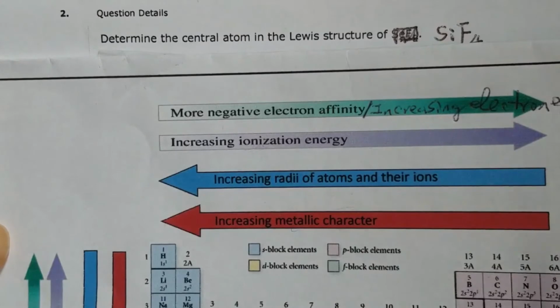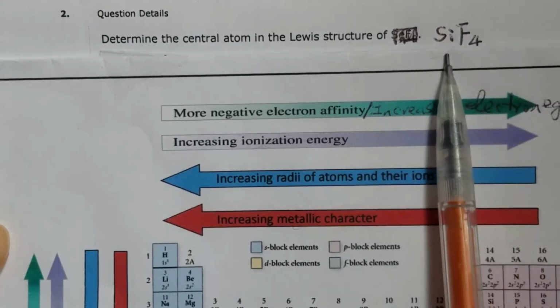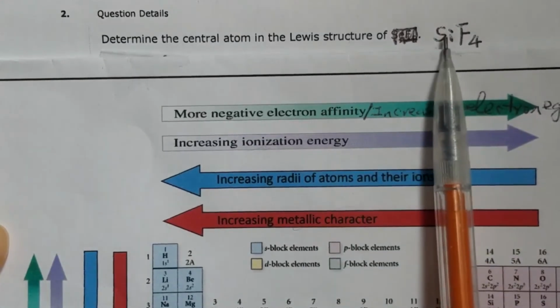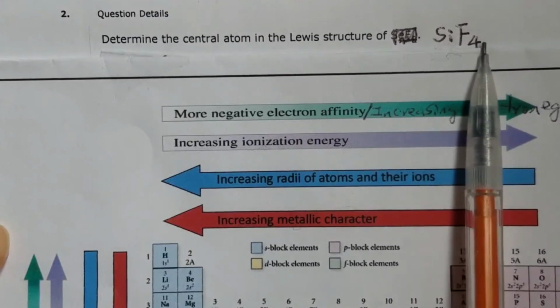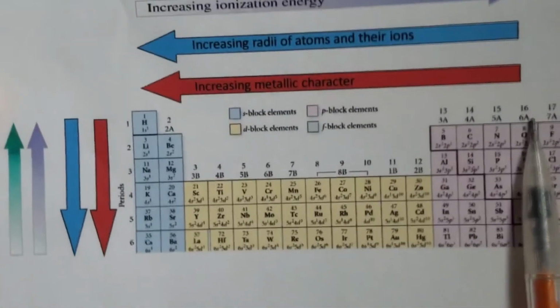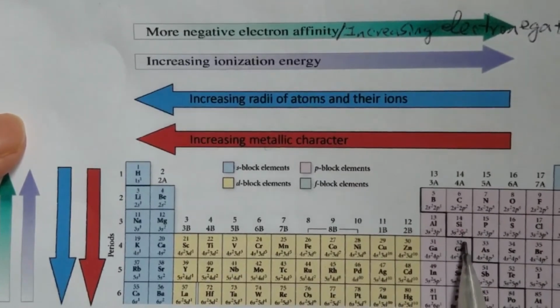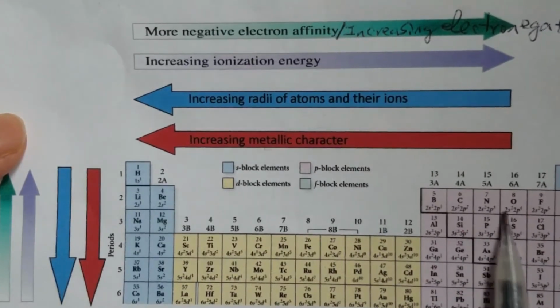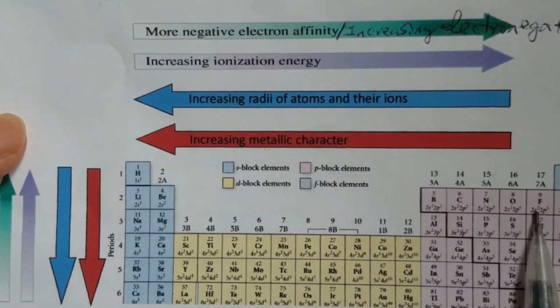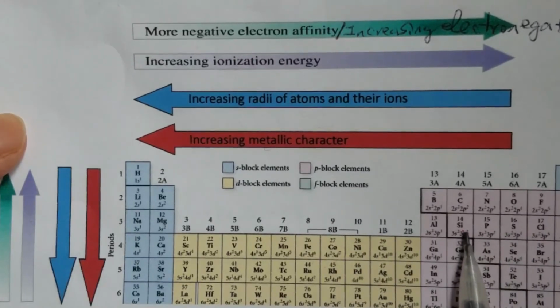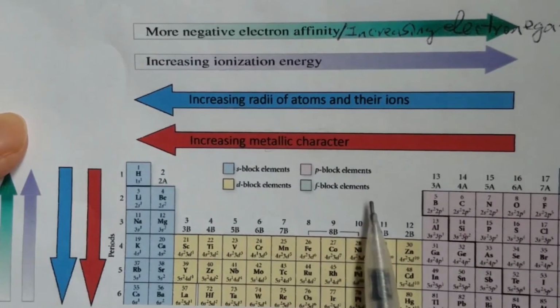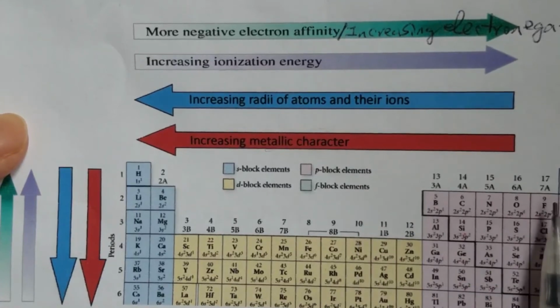Now let's take a look at the electronegativity of the two elements involved in this question, silicon and fluorine. Find them in the periodic table. Silicon is right here, fluorine is here. So silicon is on the left-hand side and fluorine is on the right-hand side.